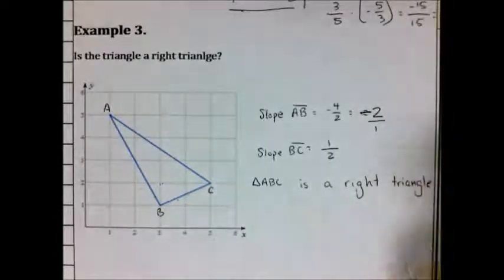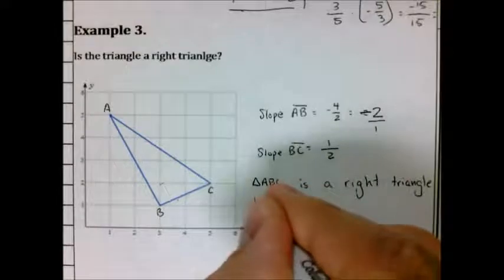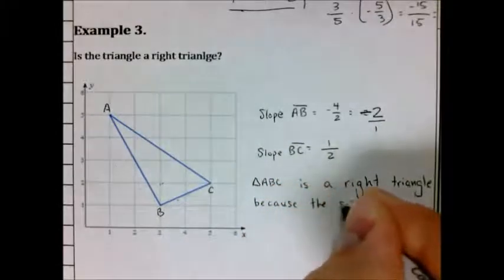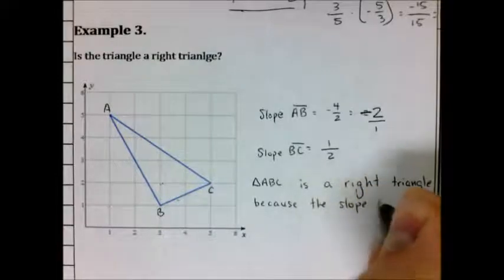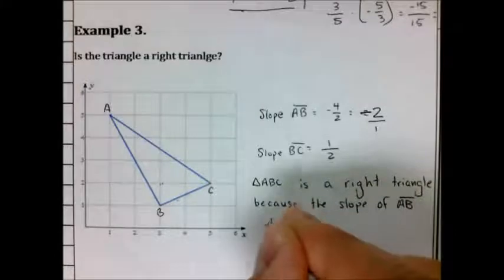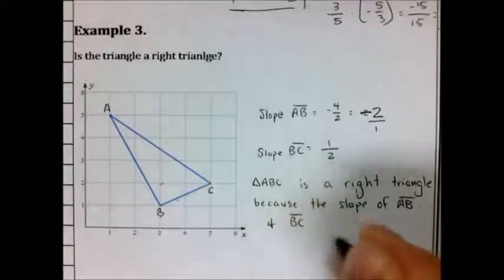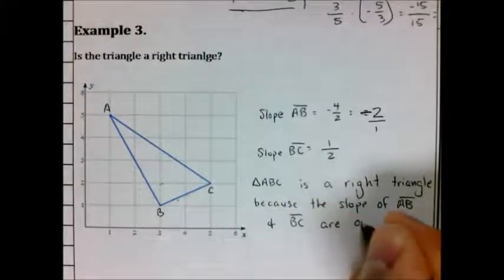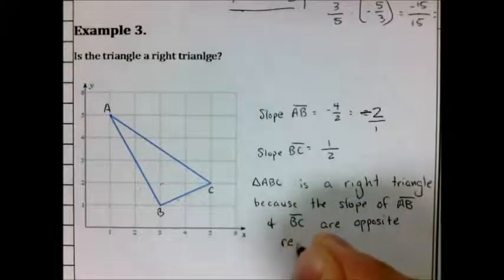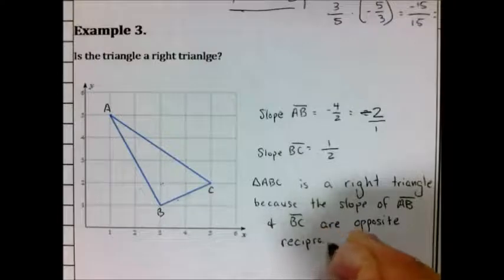It is a right triangle because the slopes of AB, line AB, and BC, line BC, are opposite reciprocals. And that makes us very, very happy.